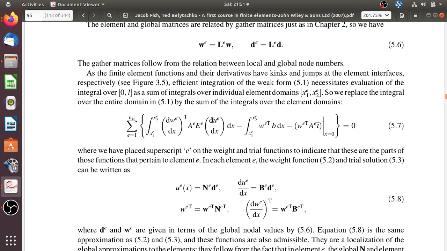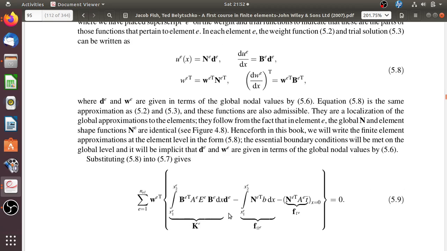So in the place of this du/dx, I will put this one, and in the place of this I will put this one. And in the place of this and this I will put this one. If I do all those things, what I will get is this form.